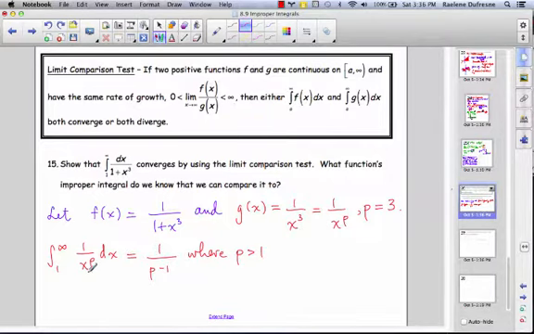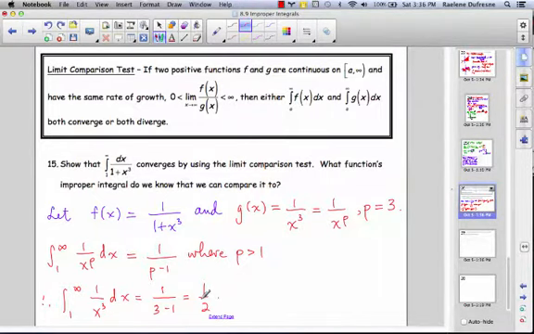And so we can recognize that this is the case when p is equal to 3 for the g of x function. Therefore, the integral from 1 to infinity of 1 over x cubed dx is equal to 1 over 3 minus 1, which is equal to 1/2. And so the g of x function has a definite integral, or an improper integral, that converges.